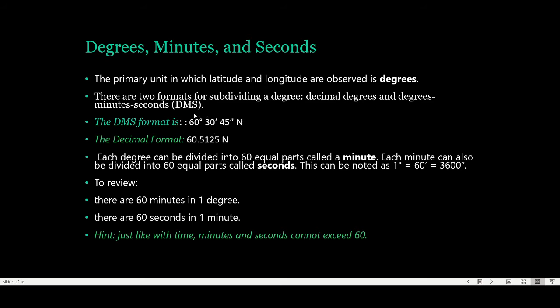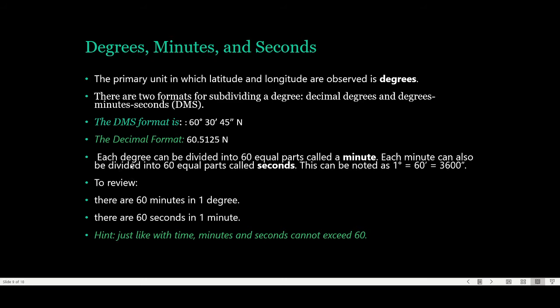This is breaking it down to be really exact on the location on Earth, instead of just saying 60 degrees. And then we have the decimal format, which is 60.5125 north. So you will learn how to convert the DMS format to the decimal format.